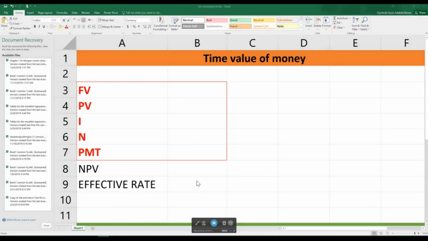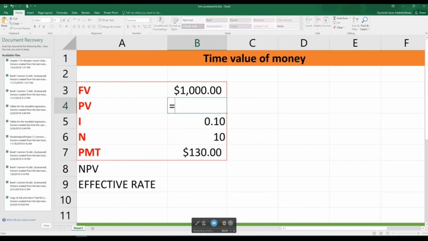If you're using Excel, you're going to have to input the new values. So your future value would be 1,000. Your interest rate, which is the yield, is still 10%, so you're going to put it as a decimal. Your number of periods is still 10, but now your payment is 130.